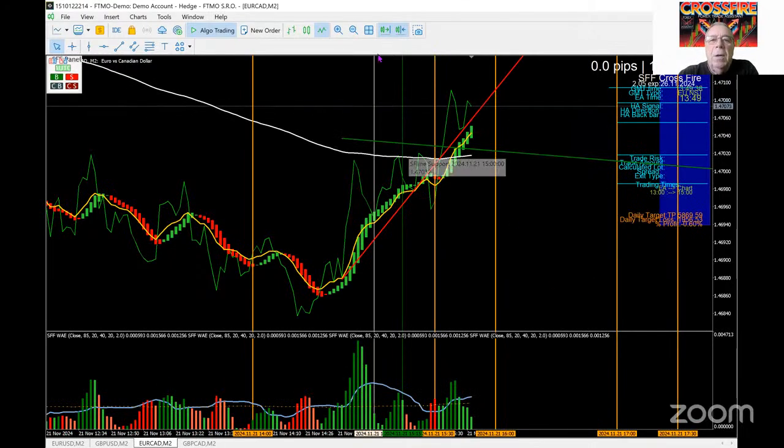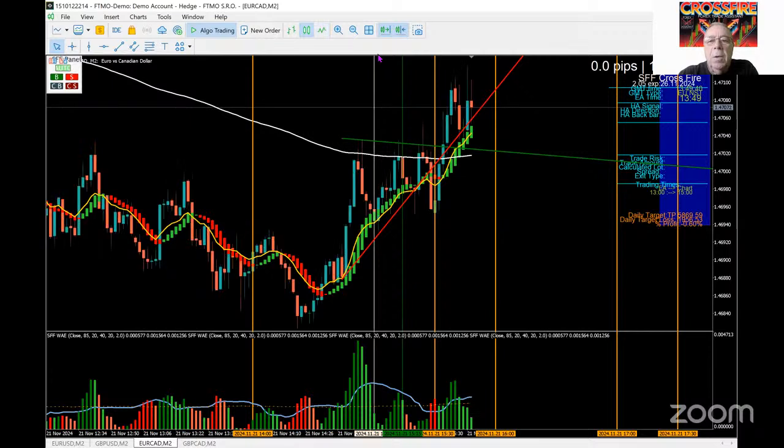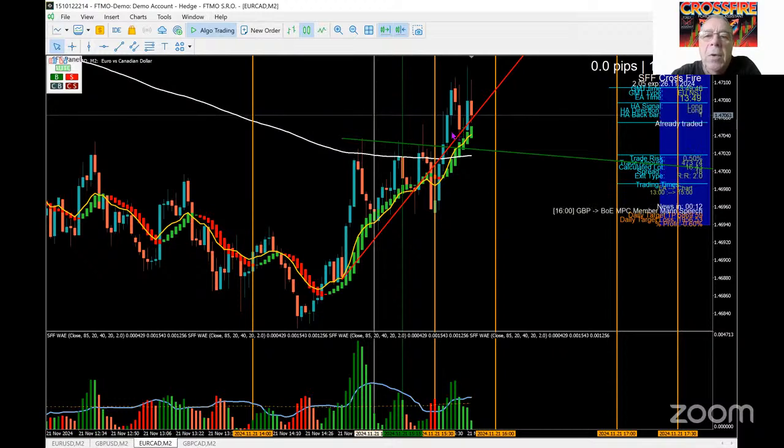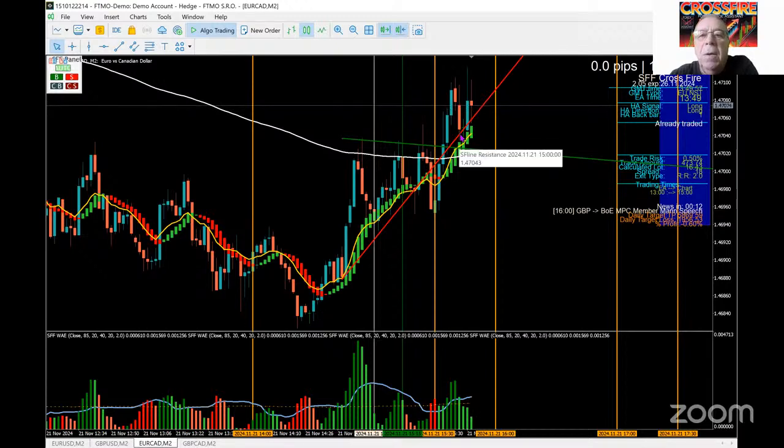And if I put the candles on, so really the question I've got to ask myself is, do I change to a 3-minute chart and not get into a trade and then be taken out? Or do I stay with the 2-minute chart and consider my stop loss?